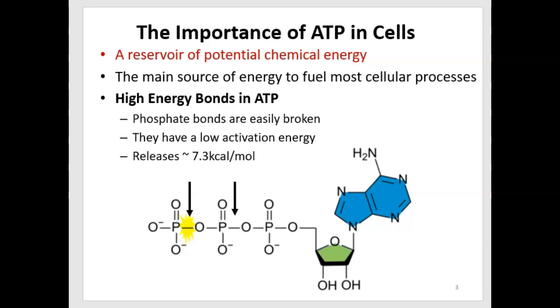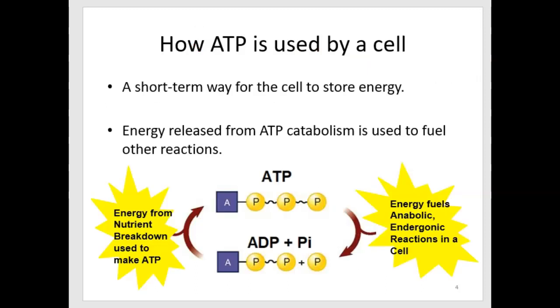So ATP is a great short-term source of storing energy, or way to store energy. So ATP can just be stored temporarily in the cytoplasm, but eventually it will be broken down so that the energy can be used to fuel other reactions.